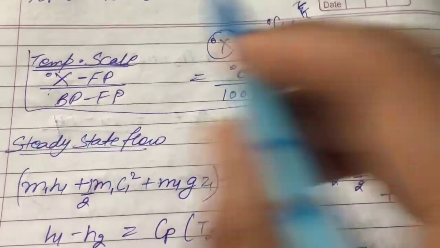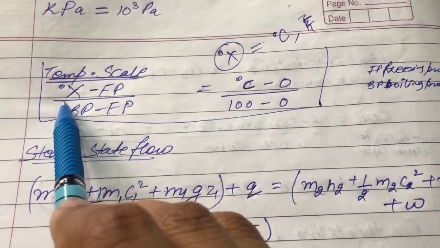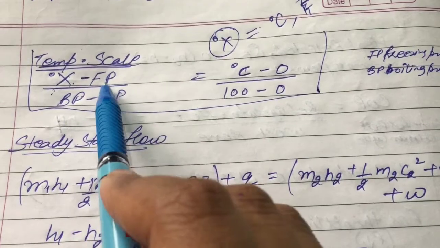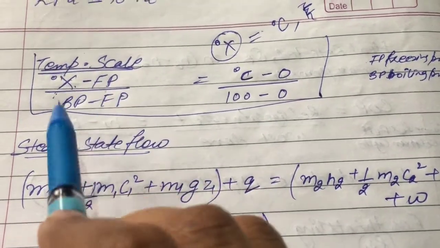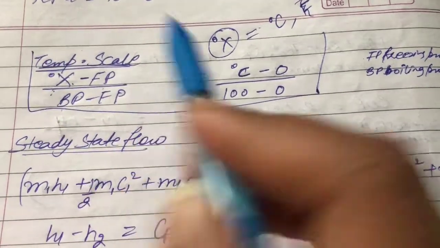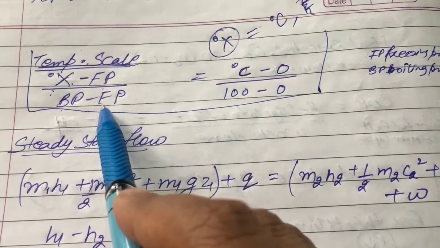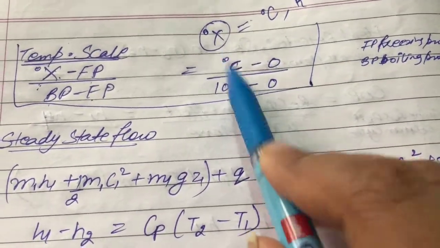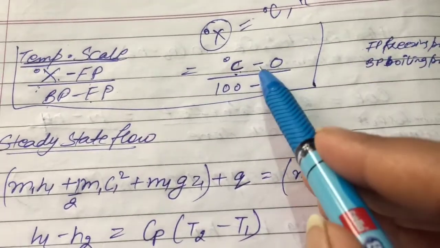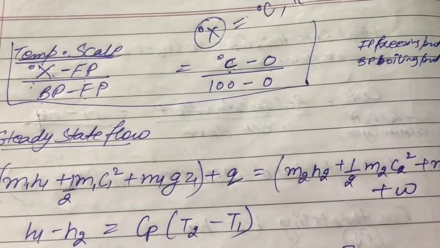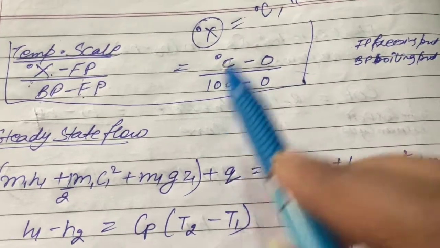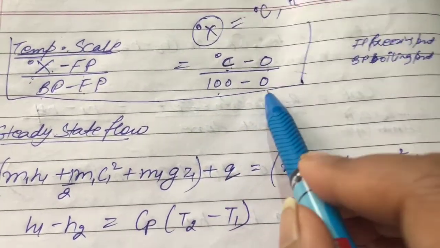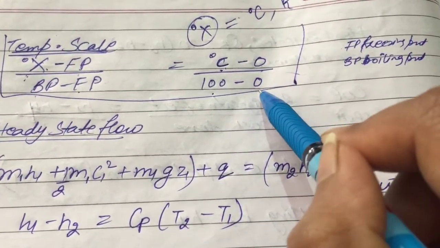Degree x of the scale for which we have to calculate minus the freezing point of that scale, upon the boiling point of that scale minus the freezing point of that scale, is equal to degree Celsius, which is known to us, minus the freezing point of the Celsius scale, which is 0, upon the boiling point of Celsius, which is 100, minus the freezing point of the Celsius scale, which is 0.